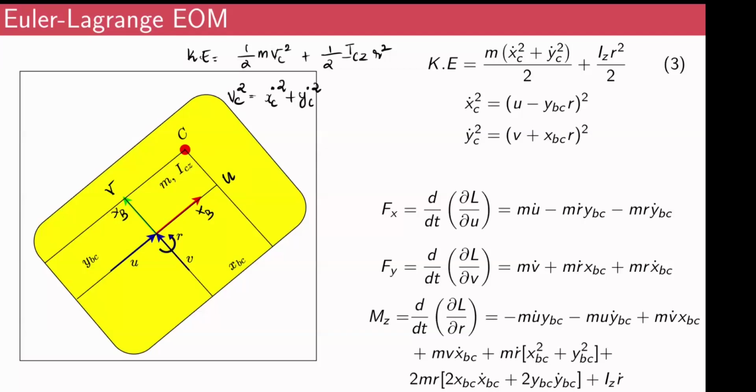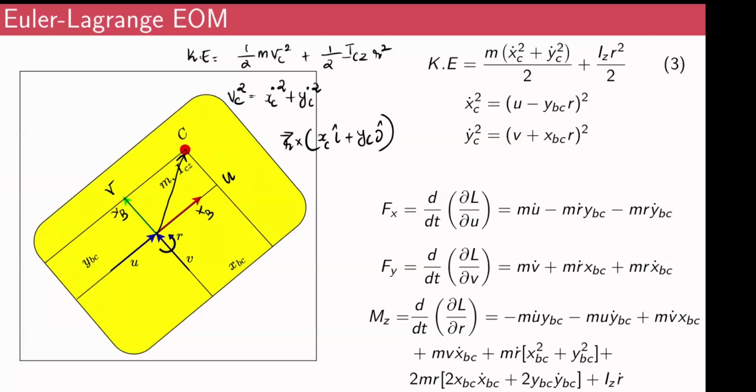If you write that vectorially, it is the angular velocity cross the position vector. The position vector to this point C is xc i cap plus yc j cap.